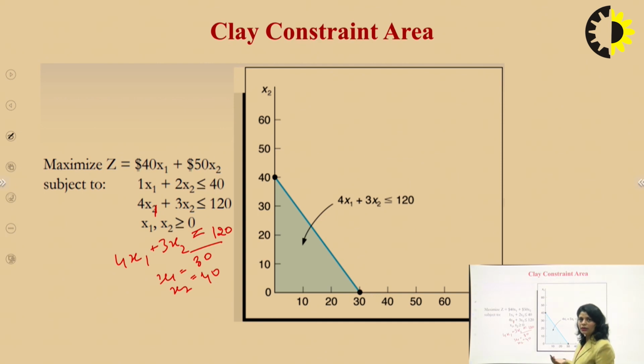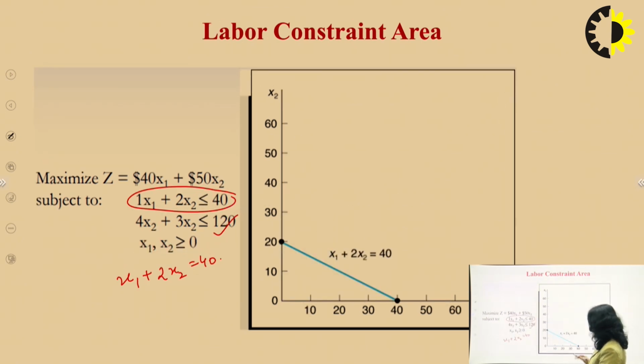Now, how to shade the area. The next step was to shade the feasible region. For the first line, the less than or equal to symbol is involved here. It means we will shade the region which is below the line. This area will be shaded. Clear?